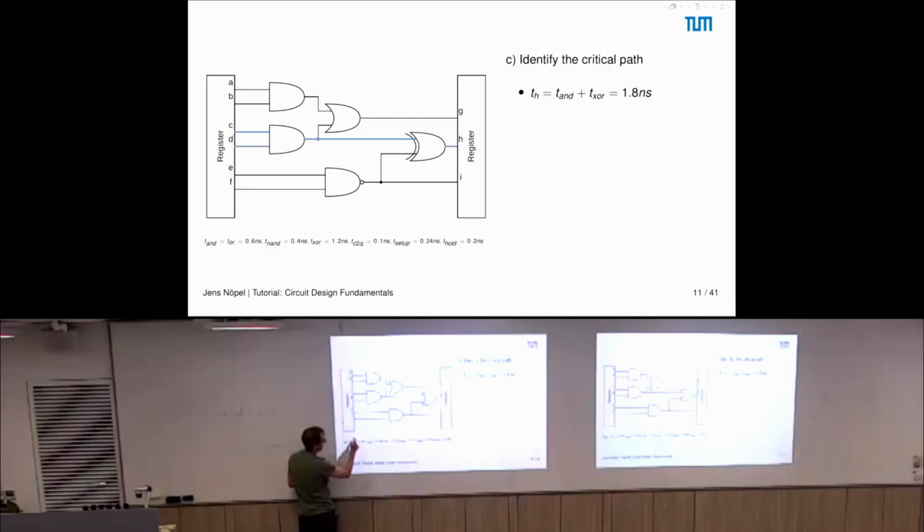So this is our T clock to Q. Then we have the time span that is needed for the signal to traverse through our combinatorial logic. This is then T PD. And then we have another time window where our signal needs to be stable until the next rising clock edge arrives. And this is then T setup of the second register.